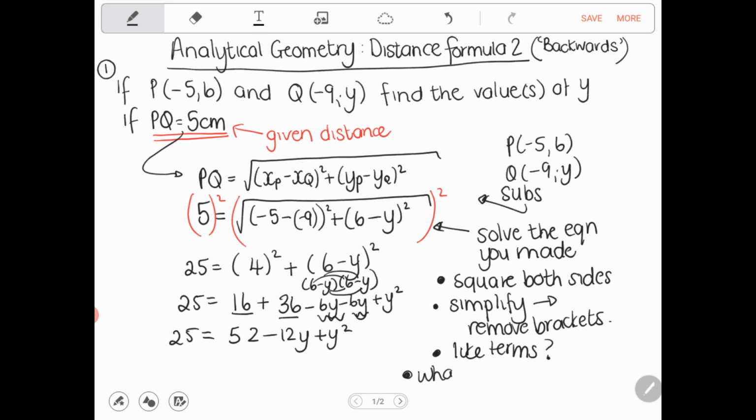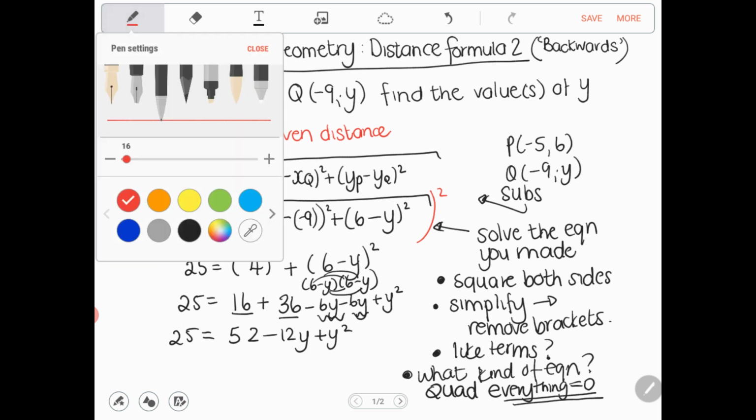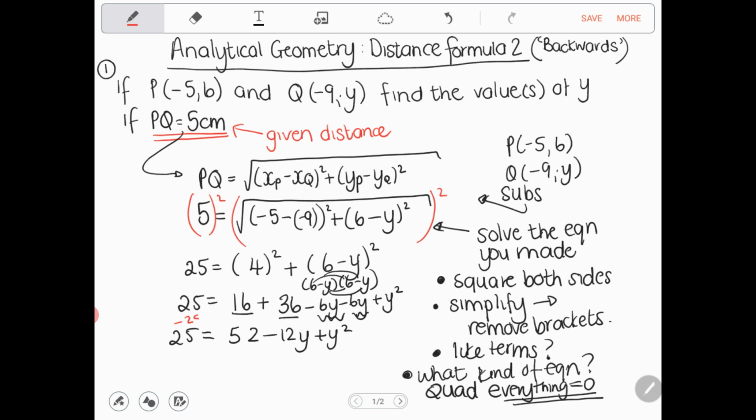Okay, what kind of equation is this? It's quadratic. It's got a y squared. So you have to have everything on one side equal to 0. That's what we learned in the first term. Okay, so the easiest thing would be to move the 25 from this side to that side.